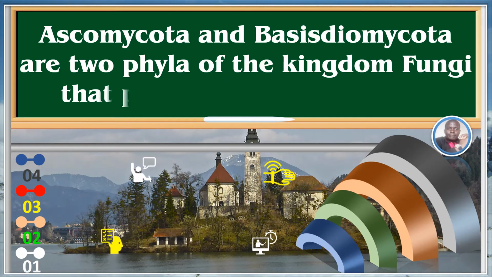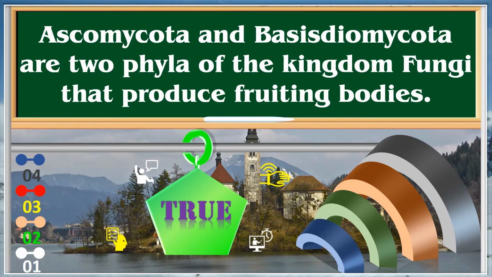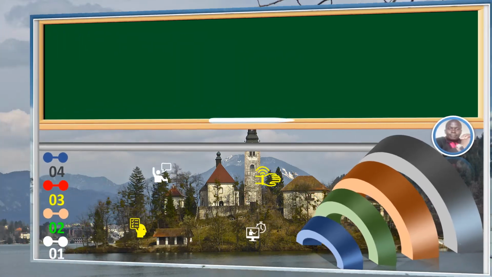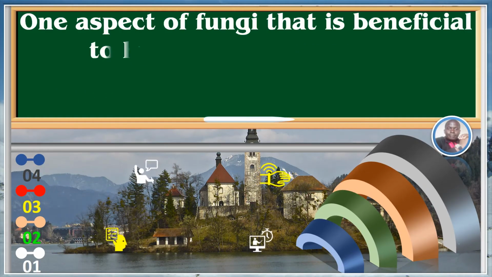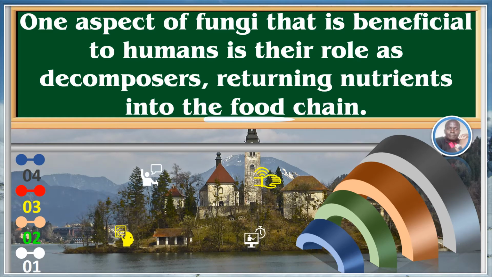Ascomycota and Basidiomycota are 2 phyla of the kingdom Fungi that produce fruiting bodies. True. One aspect of fungi that is beneficial to humans is their role as decomposers, returning nutrients into the food chain.